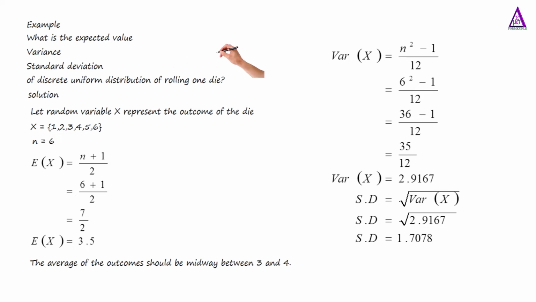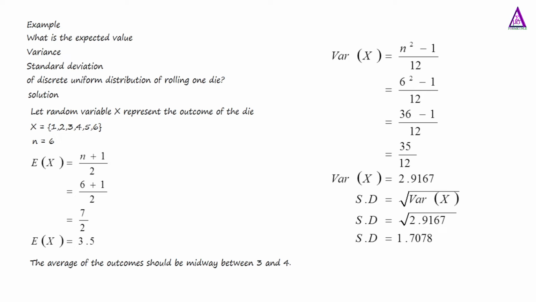Variance of x now equals (n² − 1)/12, and our n equals 6. So therefore we now have (6² − 1)/12, and 6 squared equals 36, minus 1, divided by 12. We now have 35/12. Variance of x now gives us 2.9167.